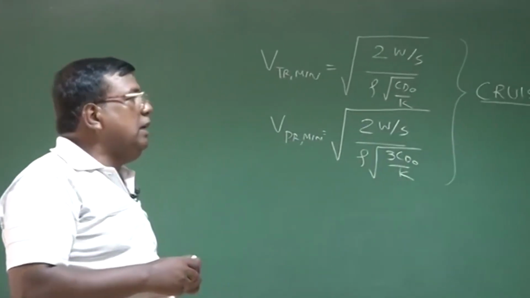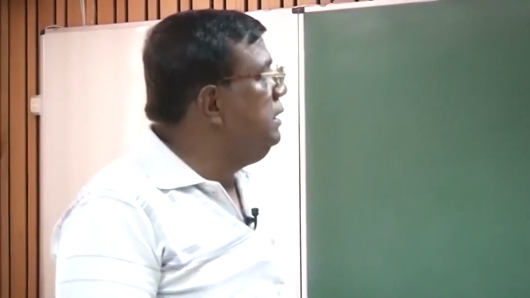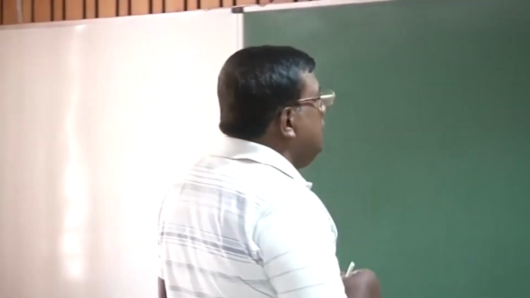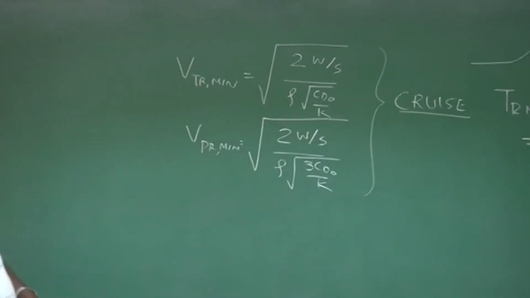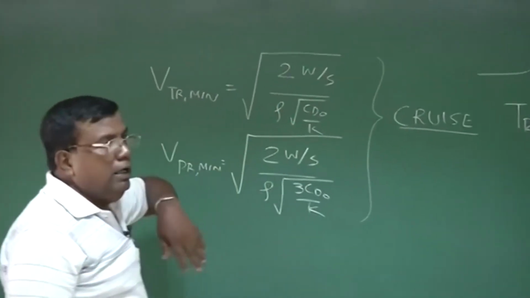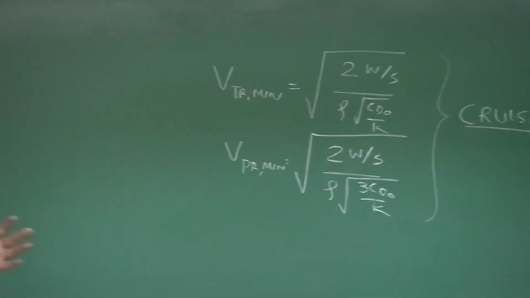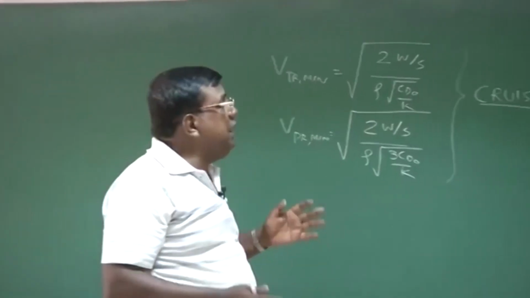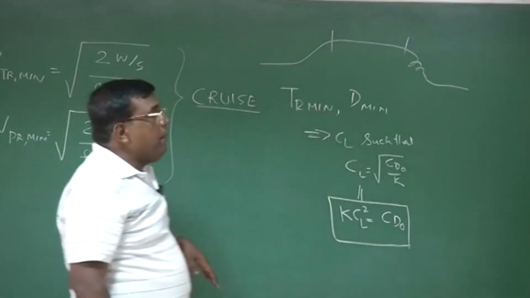That means I will require a lesser rated engine, the engine weight will be less, and engine complexities will be less, right? So the designer will, depending upon the conflicting requirements he has, select W by S, and at the end of this course you will realize how to select a wing loading for a particular airplane which will best satisfy all those flight phases.